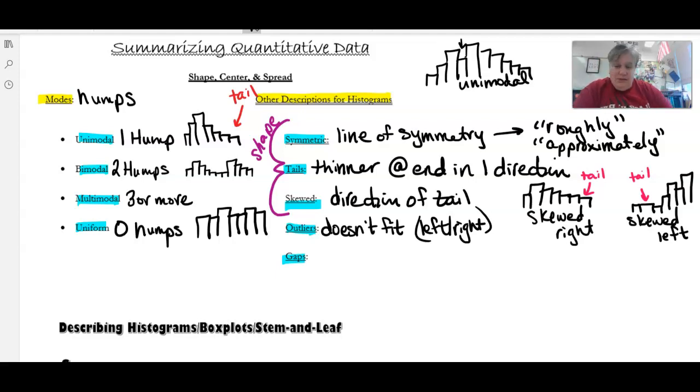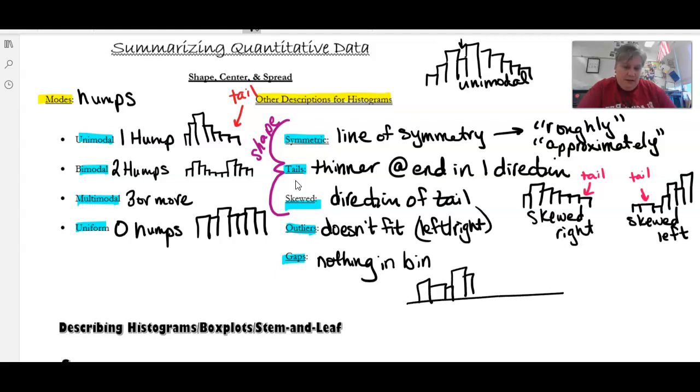A gap is when there's nothing in the bins. So if you have something and then I don't have anything till here, this is a gap, right? That's a gap, and we'll have to talk about the gaps. That's a possible outlier.